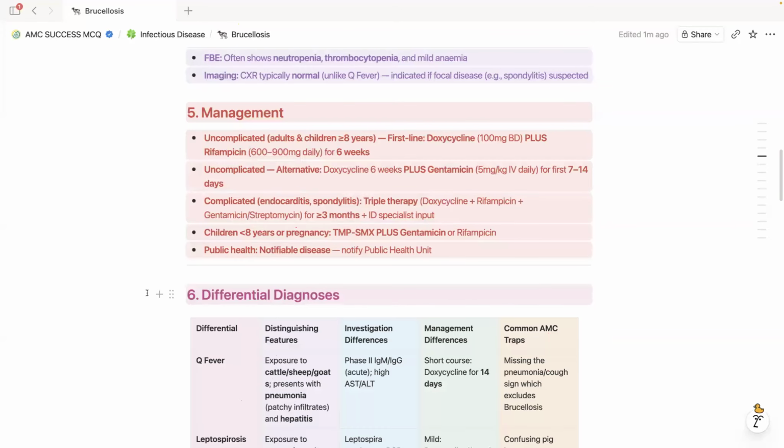Management: for uncomplicated cases in adults and children more than 8 years old, the first line is doxycycline plus rifampicin for 6 weeks. The alternative for uncomplicated cases is doxycycline for 6 weeks plus gentamicin for the first 7 to 14 days. For complicated cases, if there is endocarditis or spondylitis, we give the patient triple therapy: doxycycline plus rifampicin plus gentamicin or streptomycin for more than 3 months, with specialist referral.